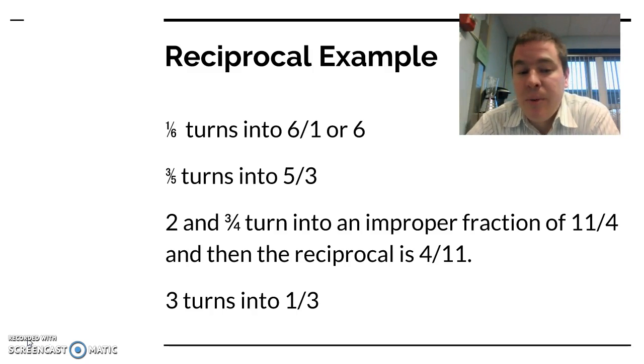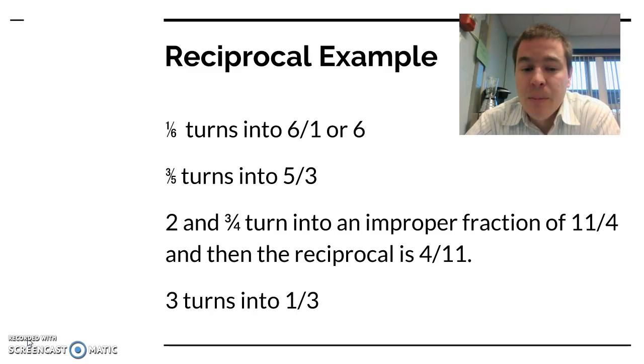Now, if you were to multiply 3/5 and 5/3 together, you're going to get 1, because 5 times 3 in the numerator is 15 and the denominator is 5 times 3, which is also 15. 15/15 is 1. Remember that anytime you have the numerator and the denominator the same number, it becomes 1.